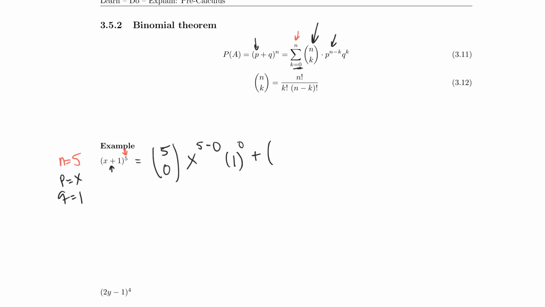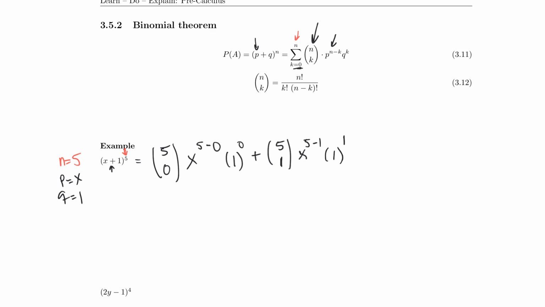Then we go n choose k, now 5 choose 1, right? Because this term keeps increasing as we go until it reaches n. Okay, so now we have x to the 5 minus k, which is 1, then 1 to the power of 1, which is k, right?